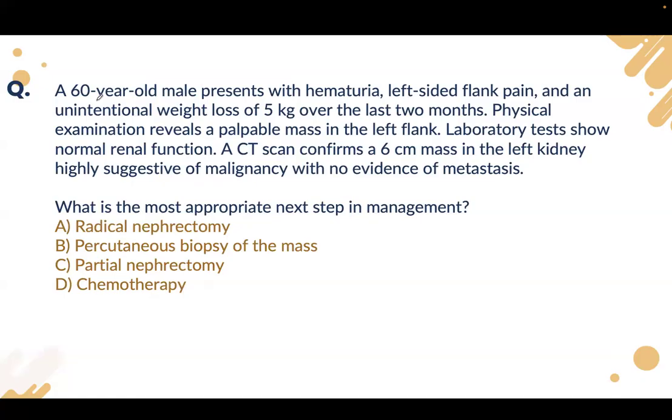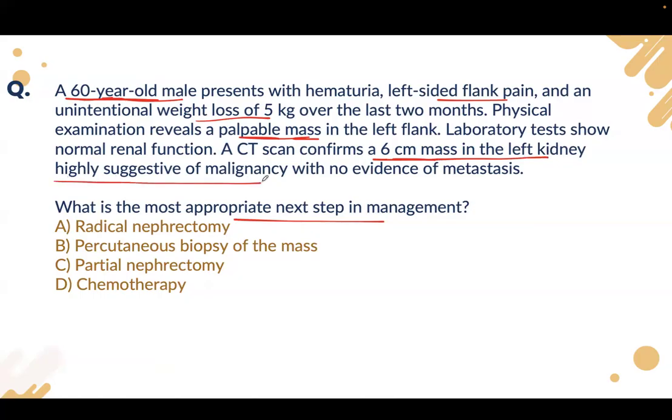What is the most appropriate next step in the management? So here there is a patient with left-sided flank pain, weight loss, 60 years old, male. We have a palpable mass. CT scan confirmed a 6 centimeter mass in the left kidney that's highly suggestive of malignancy.